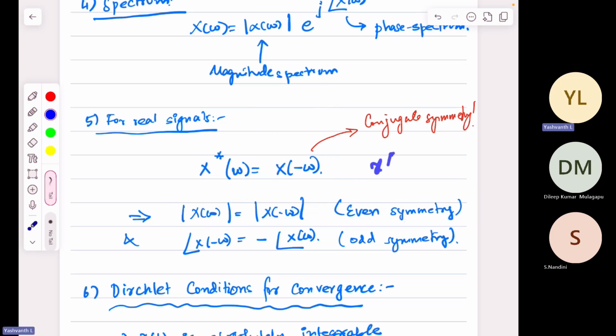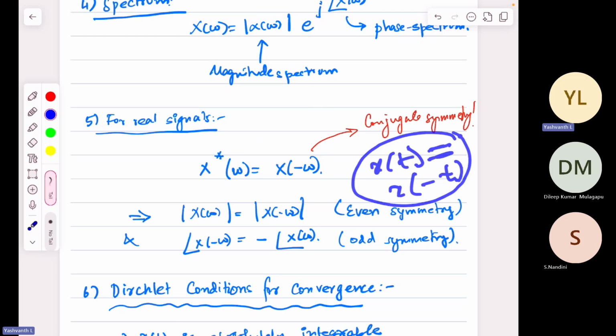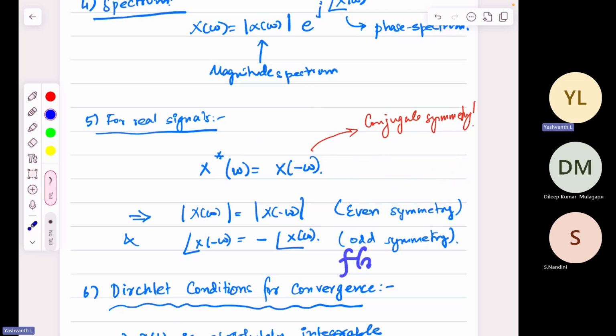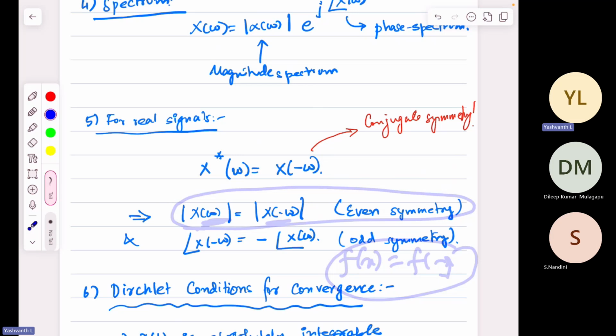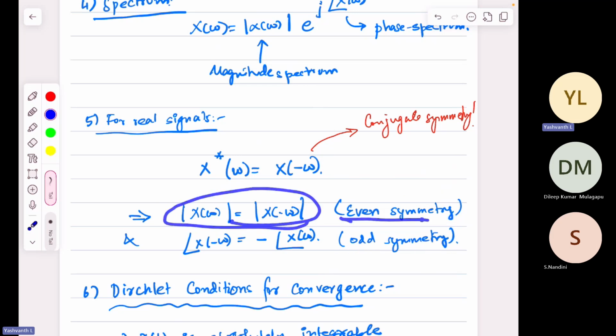What is even symmetry? If you remember, an even signal is a signal where x of t equals x of minus t. Similarly, you can define it for any function: if f of x equals f of minus x, this is an even function. So this is a function in omega following the trend that mod of x of omega equals mod of x of minus omega. So the magnitude spectrum follows even symmetry.